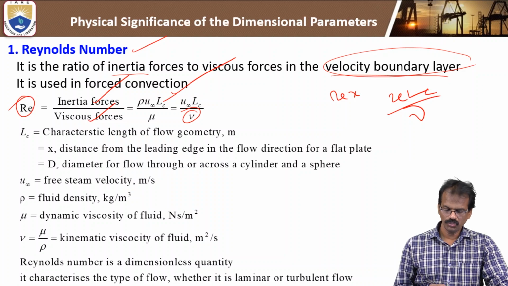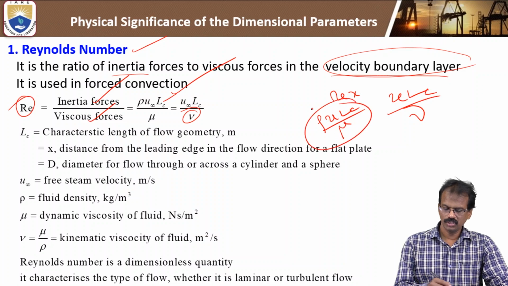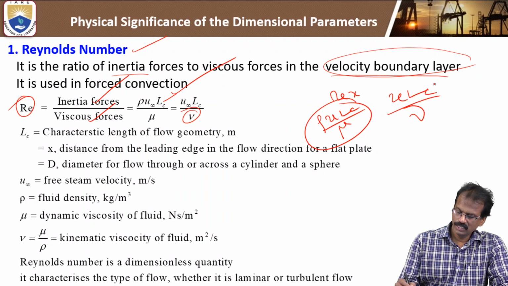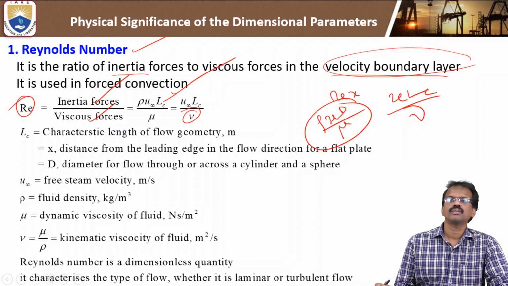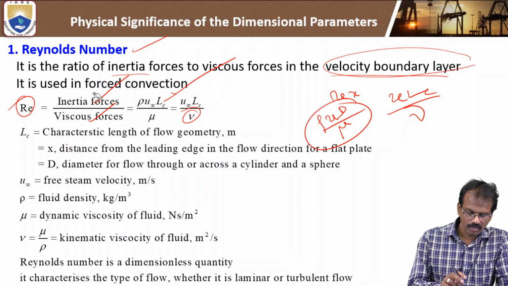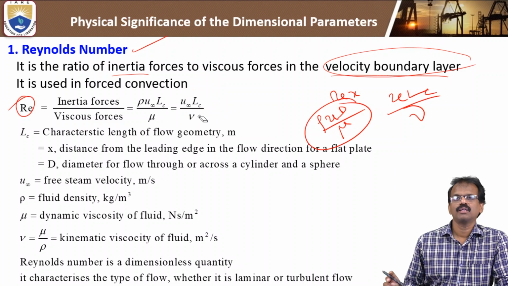Reynolds number is rho u Lc by mu, or equivalently u Lc by nu, since mu by rho is nu. Lc is the characteristic length of the geometry. If the geometry is circular, like a pipe, then we use rho u D by mu, with D the diameter of the pipe. So the final formula is rho u D by mu, or u L by nu.